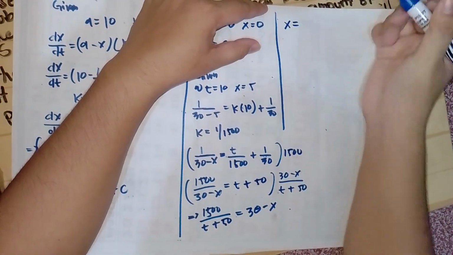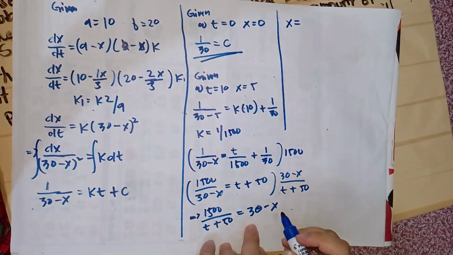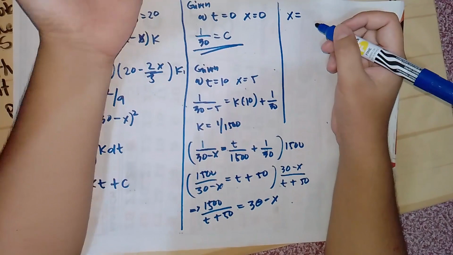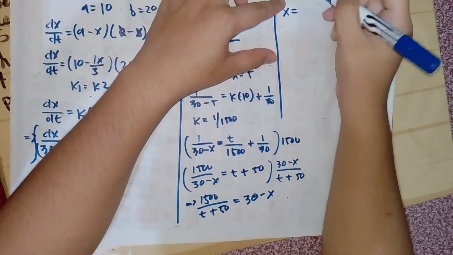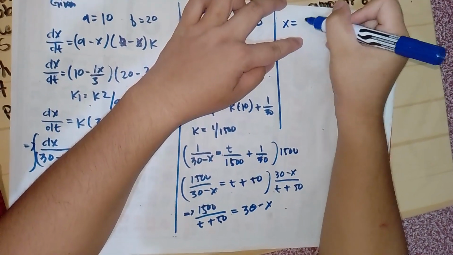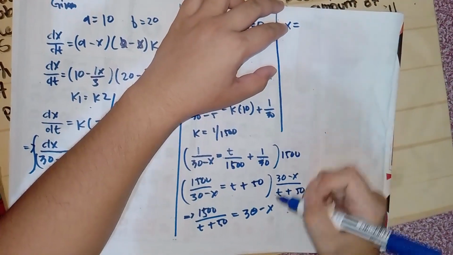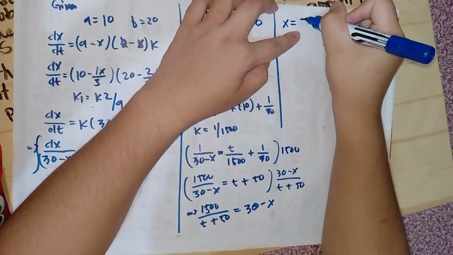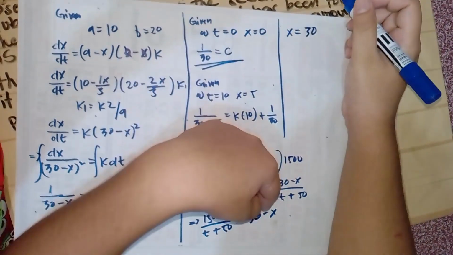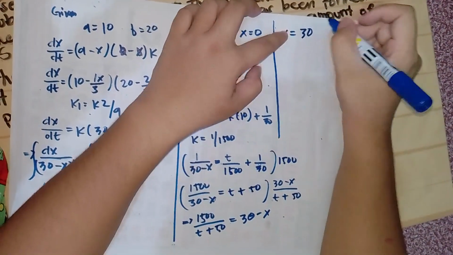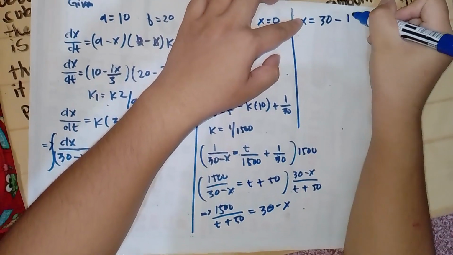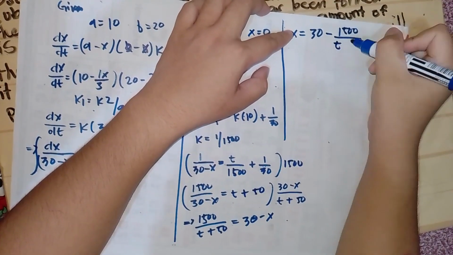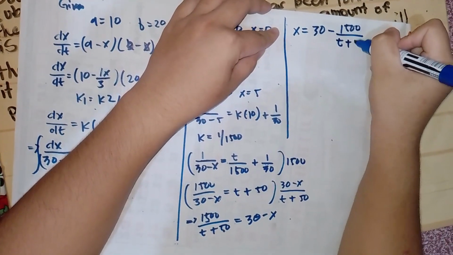Alright, for the final answer, the value of x will be, we transpose the 30 to the left side of our equation. Since we have negative x, we transpose the negative and the 30, so we have 30 minus 1,500 over t plus 50.